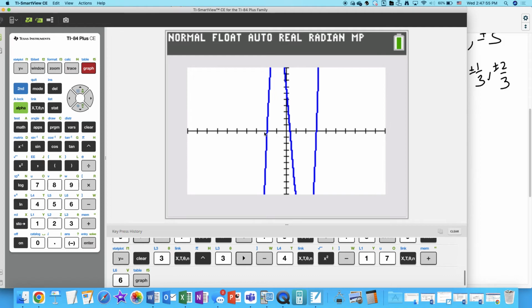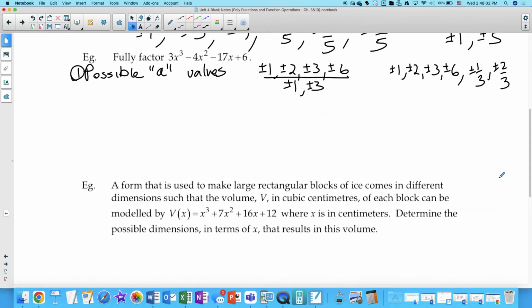What you need to show is if I look at p of 3, then I'm going to get a value of 0, which tells me that x minus 3 is a factor. So that's 3 times 3 cubed minus 4 times 3 squared minus 17 times 3 plus 6, which is 3 to the 4 is 81, minus 4 times 9, 36, minus 51 plus 6.